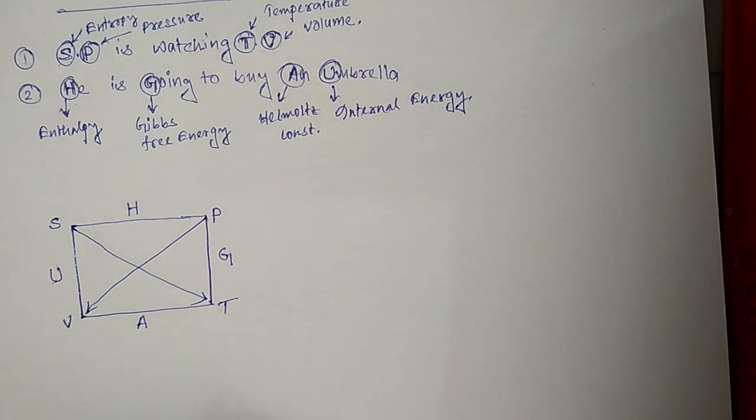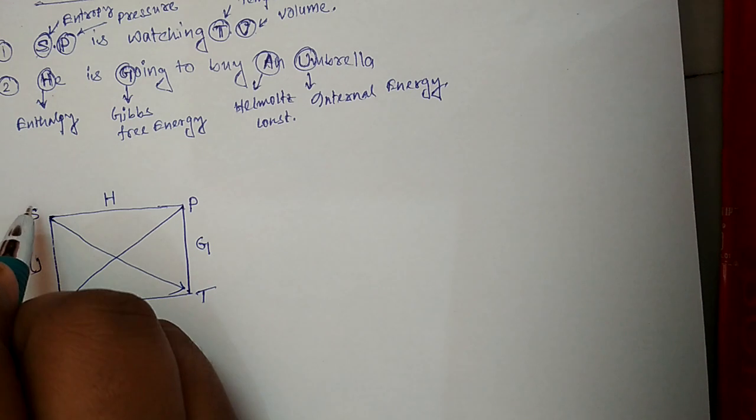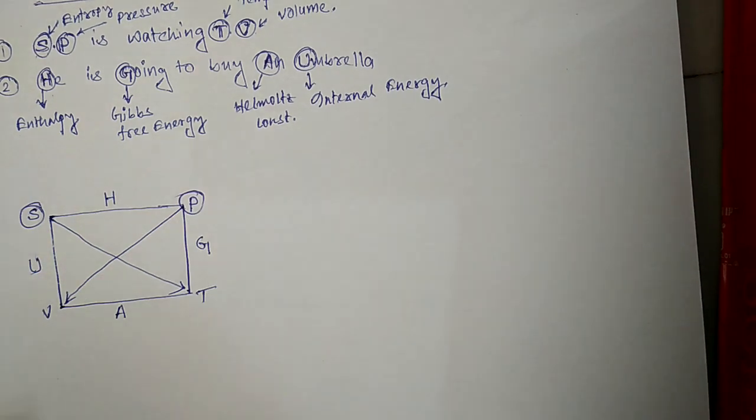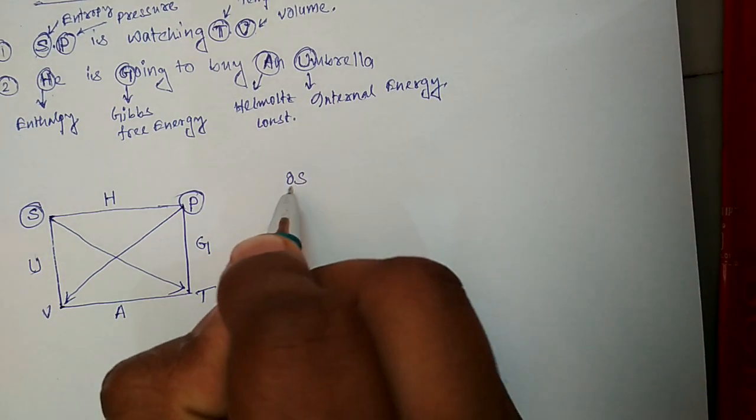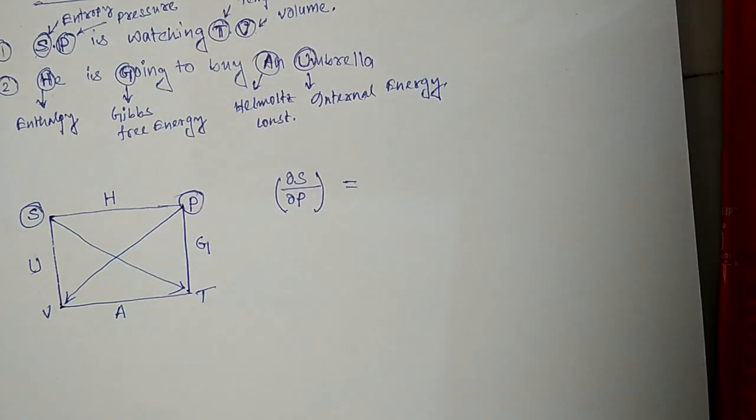Now we can write the Maxwell relations. First we take S and P. That is del S by del P is equal to, what is the opposite of S?